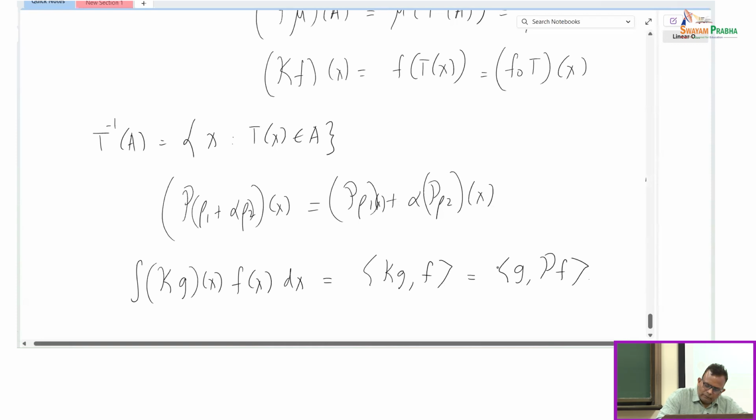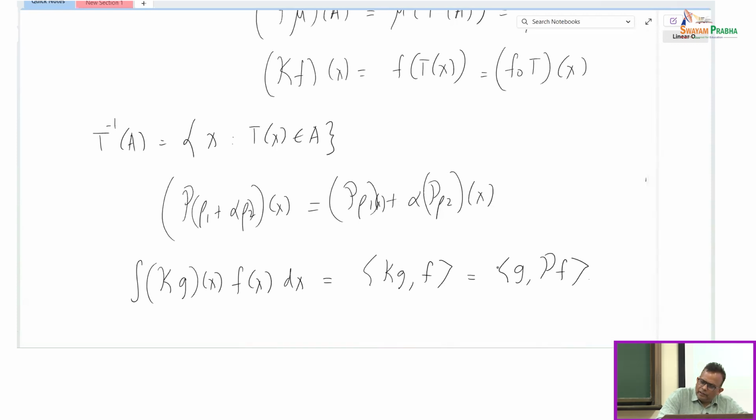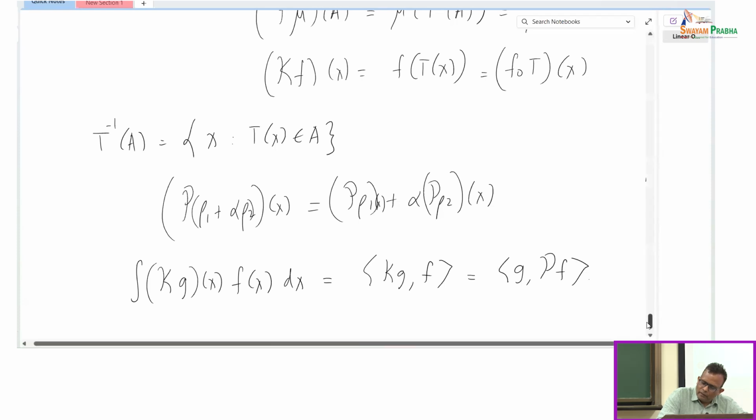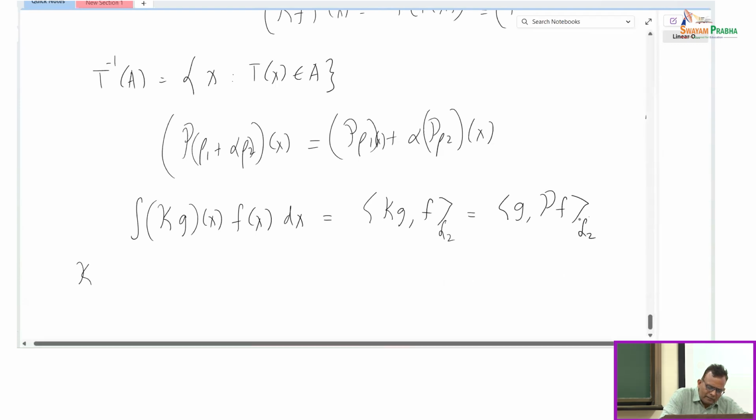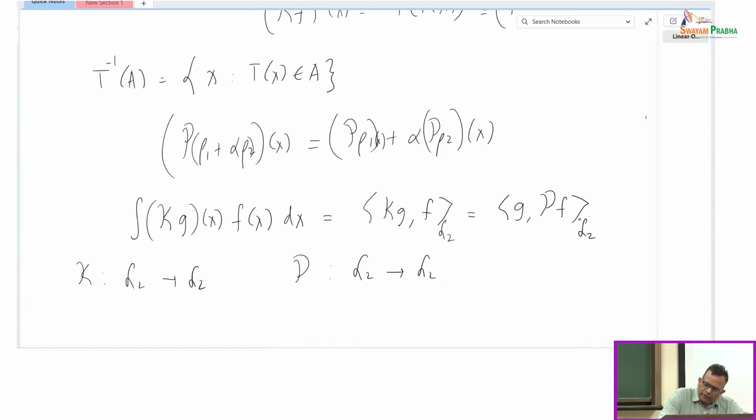I'm being loose with this, so we could just do this in the L2 space, defining Koopman from L2 to L2, and P from L2 to L2. And this can be proved rigorously.